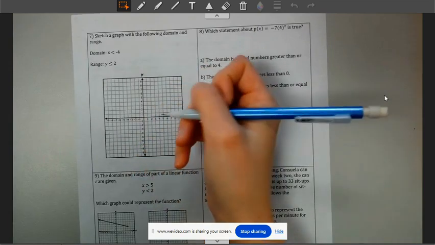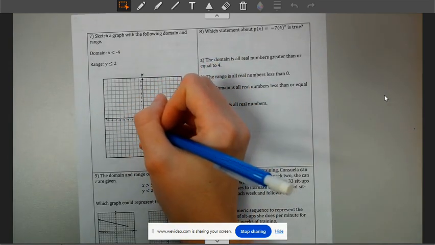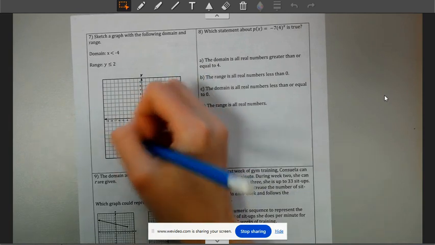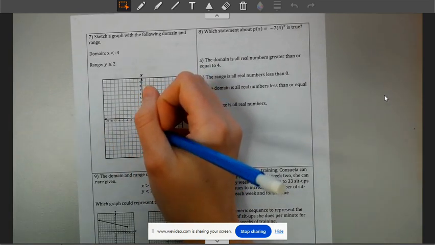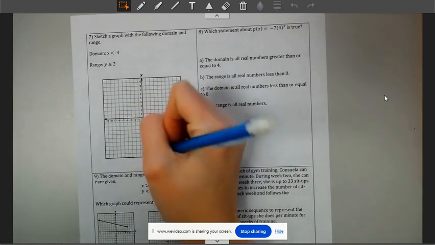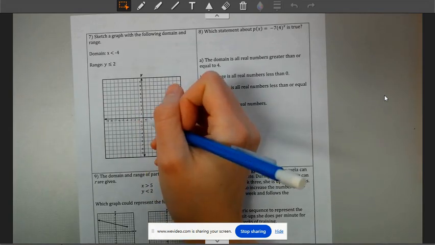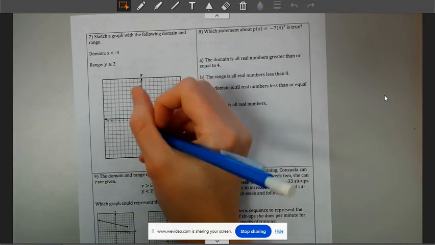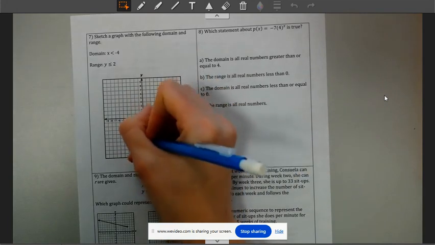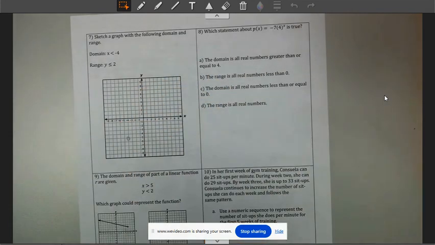So how I'm going to do this is I am going to put an open circle on negative 4, but then I'm going to need some kind of hump so that it can go to -2 and then go down. So I'm going to put an open circle here at -4, -5. So there's my x value.